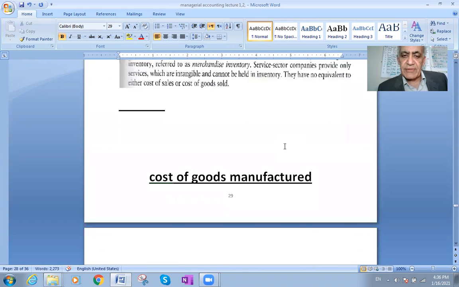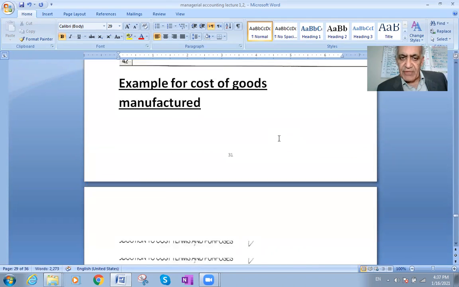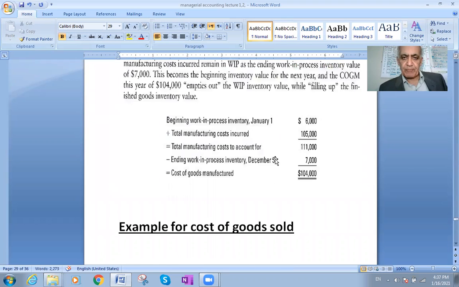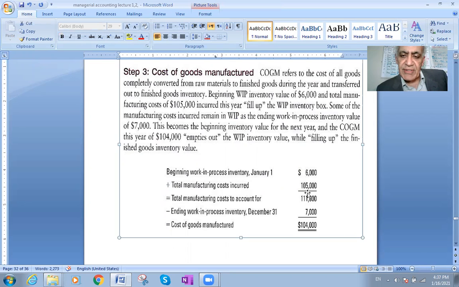Now we'll move on to another example. This is the cost of goods manufactured. The beginning idea is the same. The beginning work in process is 6,000, plus total manufacturing cost incurred of 105,000.